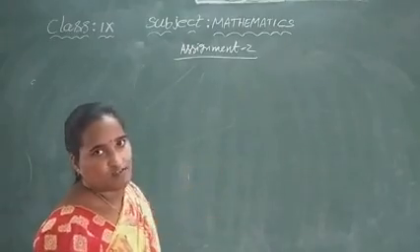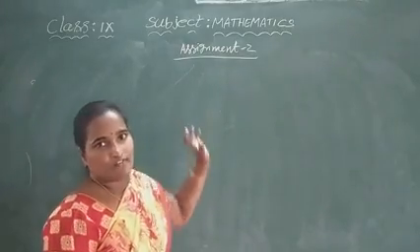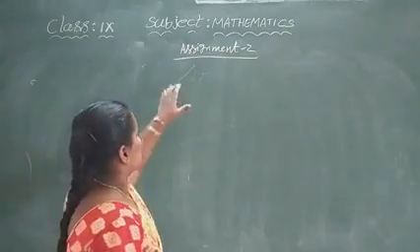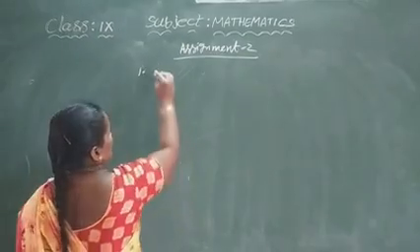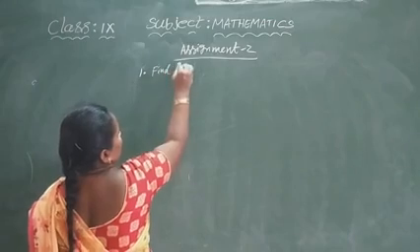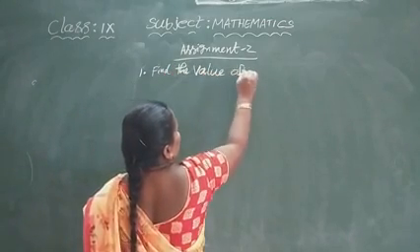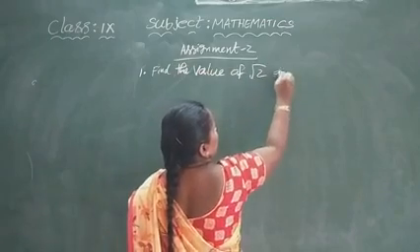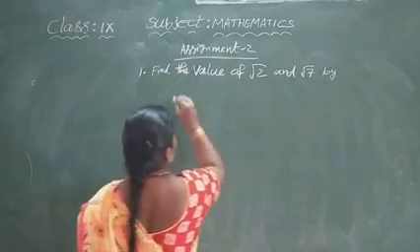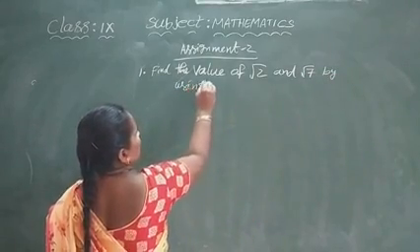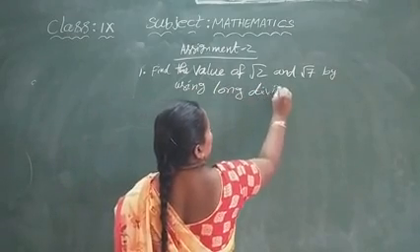This is the second class, second session. So this is assignment 2. Before class, I told assignment 1. So first problem: find the value of root 2 and root 7 by using the long division method.